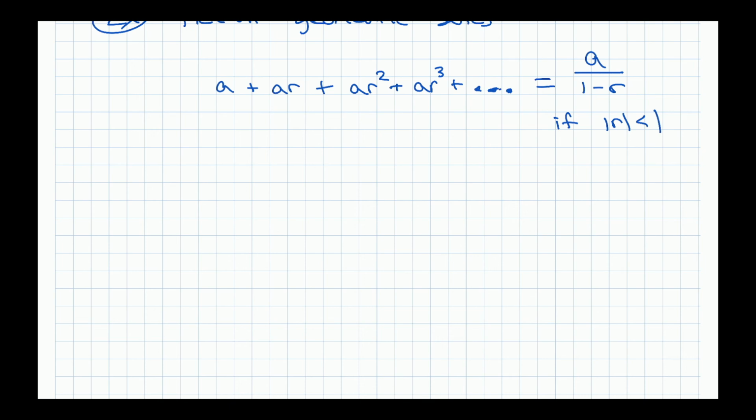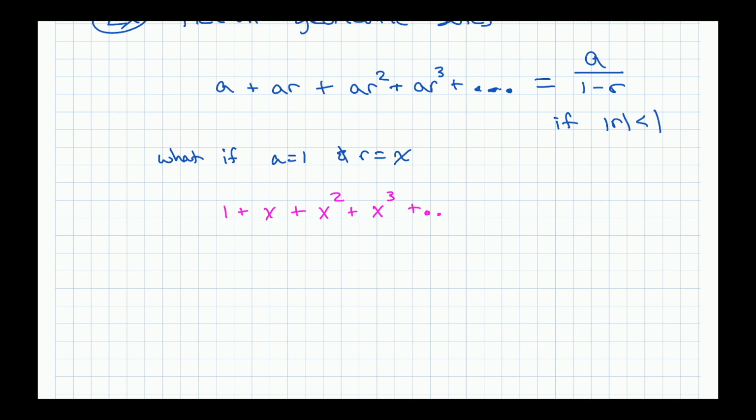Well, I can put in whatever I want. What if a equals 1 and r is x? I'm just going to rewrite this. If a is 1 and r is x, this is 1 plus ar, which is x, plus ar squared, which is 1x squared, plus ar cubed, which is 1x cubed.